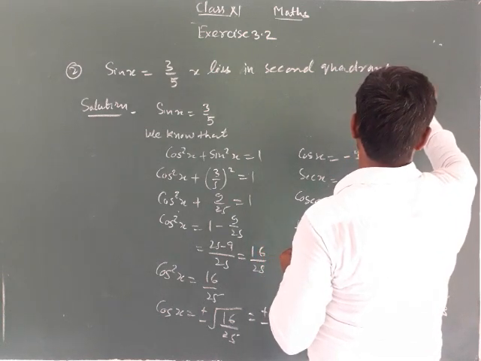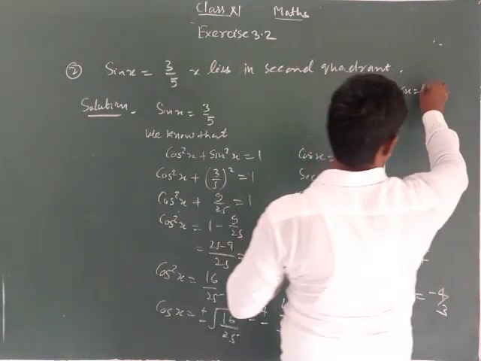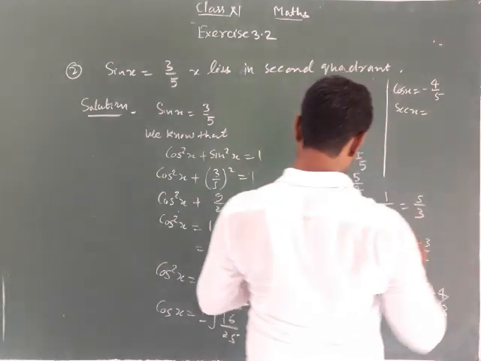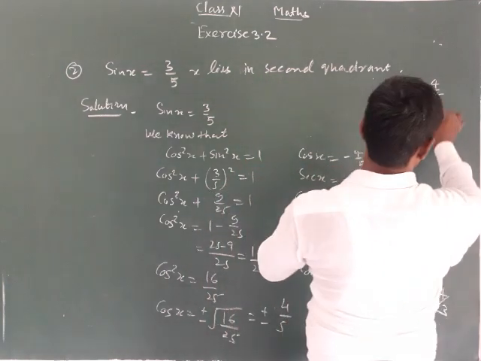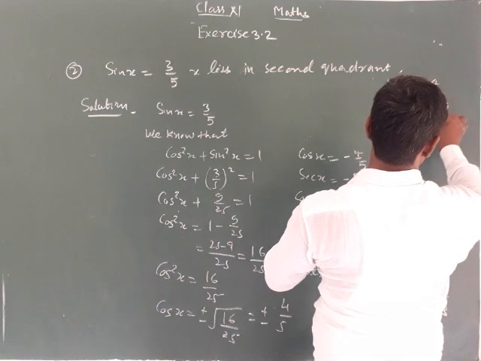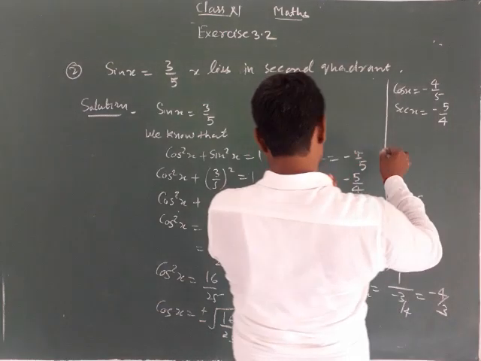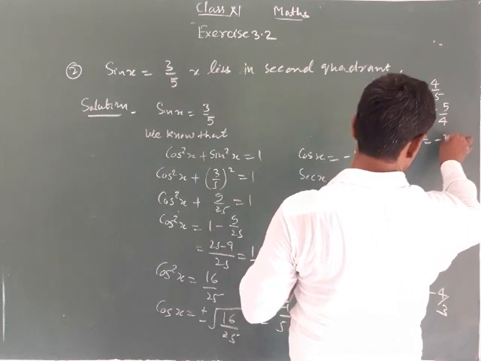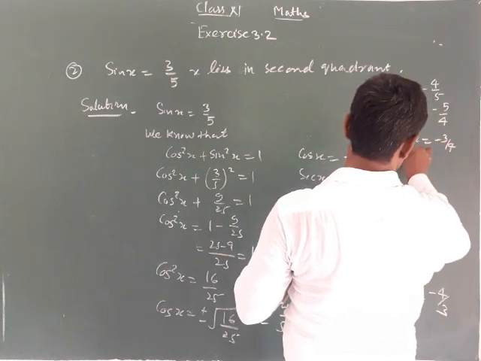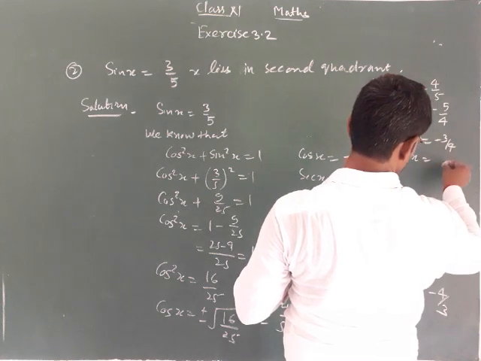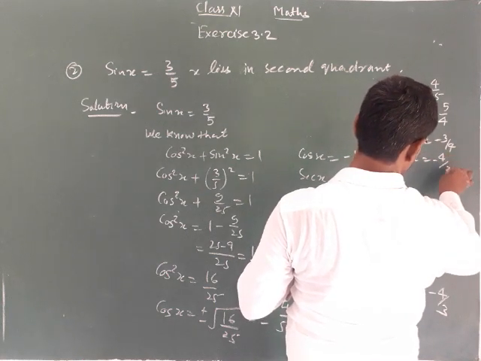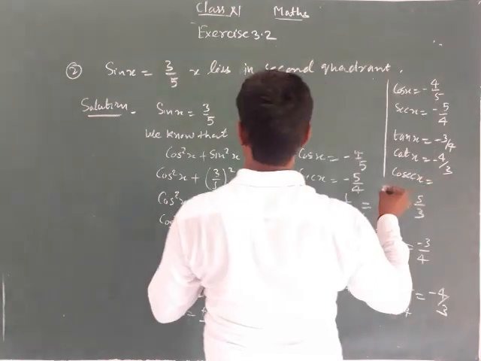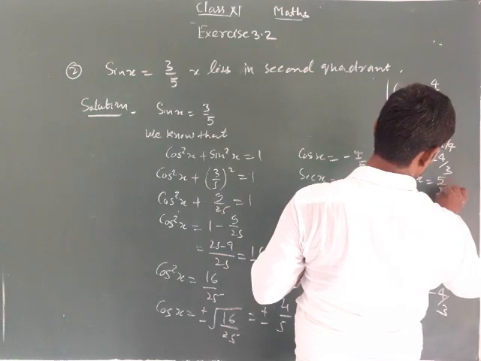Cos x is equal to minus 4 upon 5, sec x is minus 5 upon 4, tan x is equal to minus 3 upon 4, cot x is equal to minus 4 upon 3, and cosec x is equal to 5 by 3.